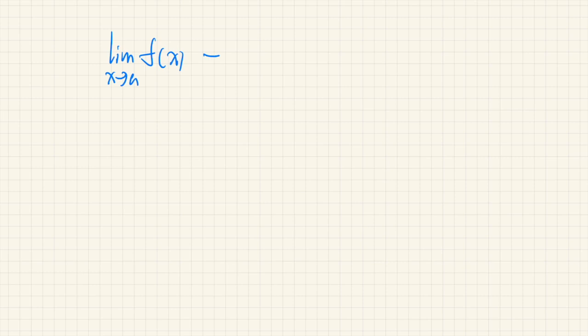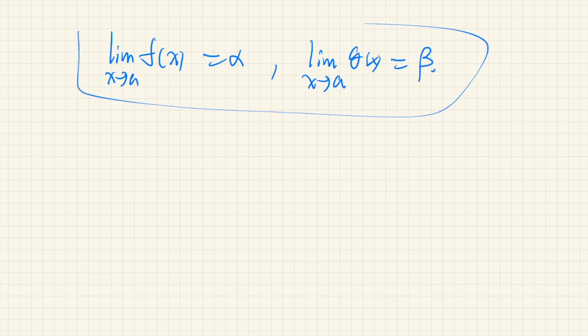In the following we assume that the limit of two functions, f of x as x goes to a, is alpha, and the limit of g of x as x goes to the same a is beta. Then, the first property is linearity.